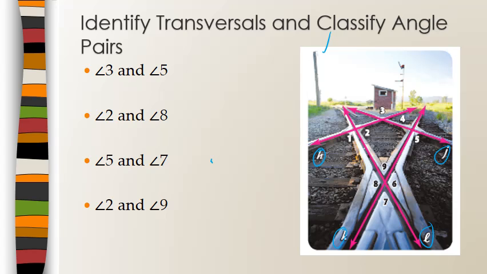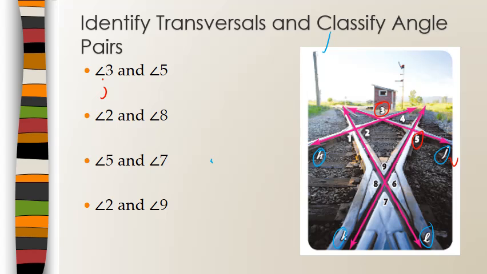the angle pair. So first we're asked to look at angles 3 and 5. So when I look at angles 3 and 5, then my transversal is going to be J. And let's see, if J is my transversal, that means that H and K are my lines that the transversal intersects.